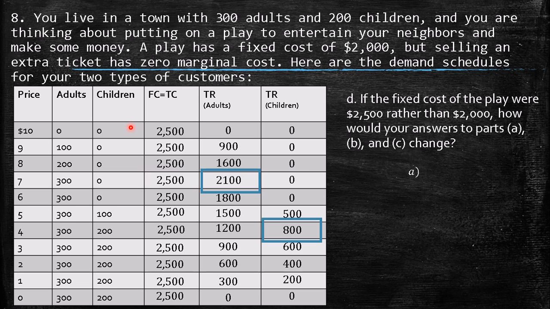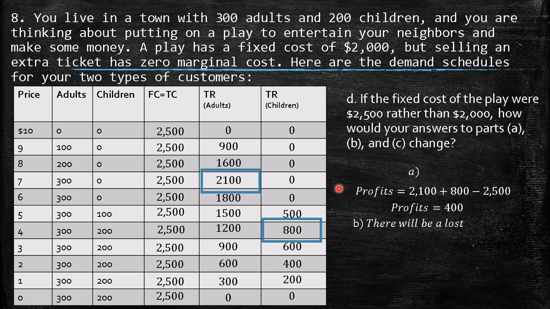In part A, when we discriminate, the total revenue will be exactly the same, 2,100 from the adult side and 800 from the children's side, minus the new total cost of 2,500. Then the profit will be 400, which decreases because of the higher fixed cost.